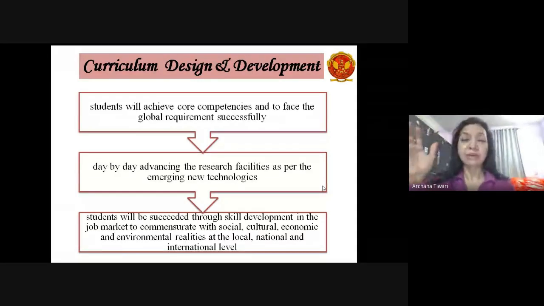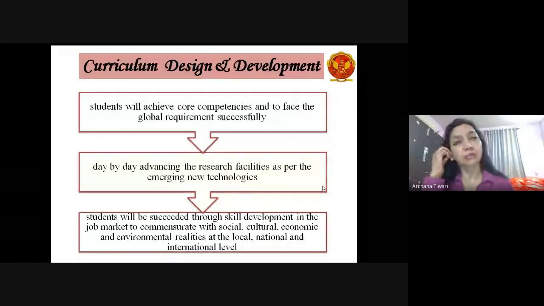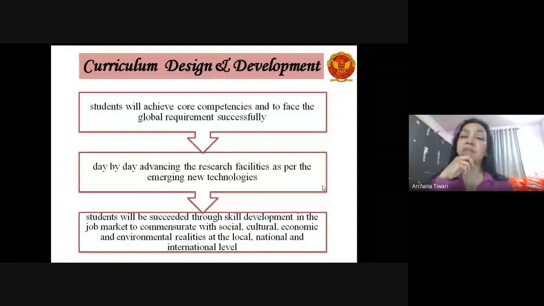Dear participants, I'm very happy and very glad to inform you that the alumni of School of Biotechnology, RGPV Bhopal, are representing many of the key positions globally also. Some of our alumni are entrepreneurs also in the field of biotechnology and allied fields.